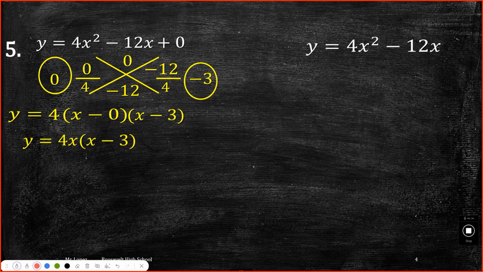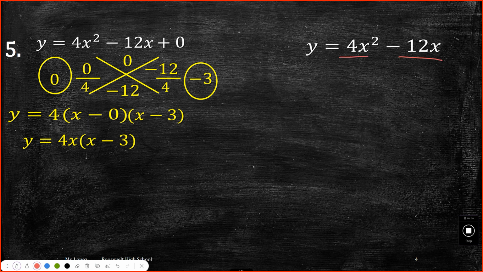Let's go. Write it down again. The way to do it when it's missing the C value is to factor by the greatest common factor. So like I did that one over there.